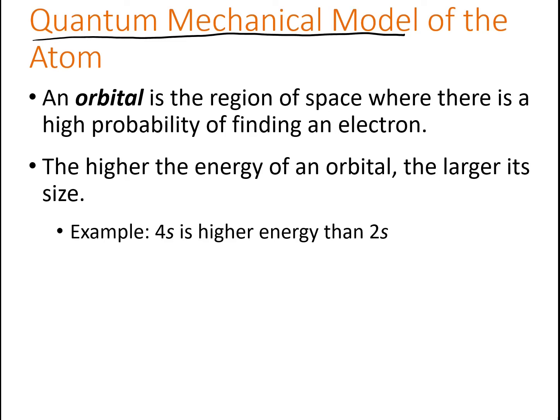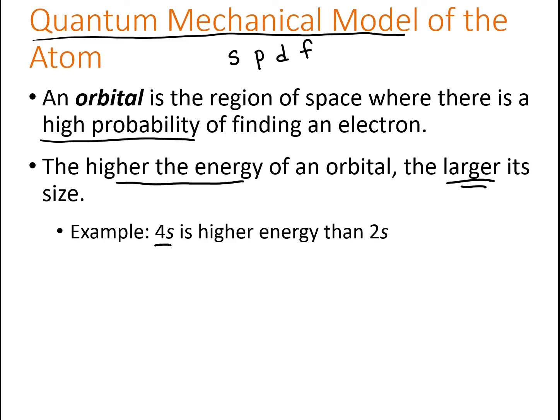And these electrons that are in these main energy levels, we can break those down into orbitals, S, P, D, and F, which we were talking about when we were doing the electron configurations. An orbital is the region of space where you've got a high probability of finding an electron. The higher the energy of the orbital, the larger it is.